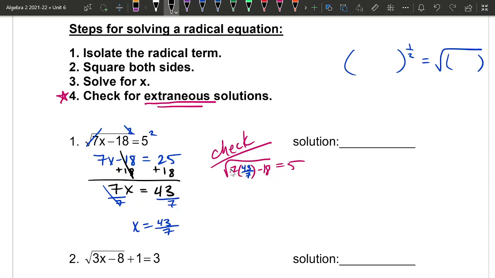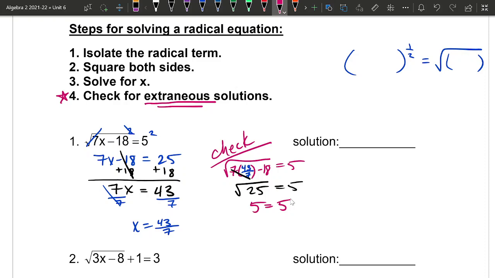Here the 7 and the 7 cancel each other out, so I have 43 minus 18. So that's the square root of 25 equals 5. The square root of 25 is 5, which really is 5 or negative 5, but like I said, we're ignoring the negative.